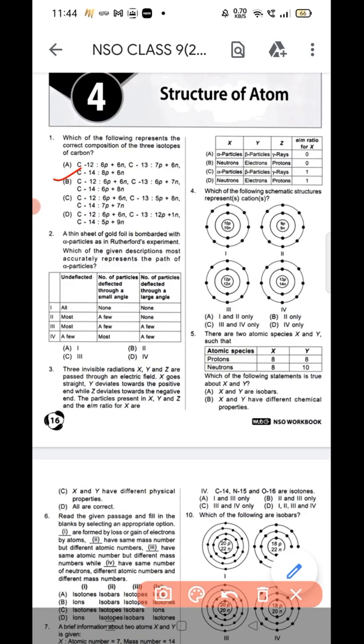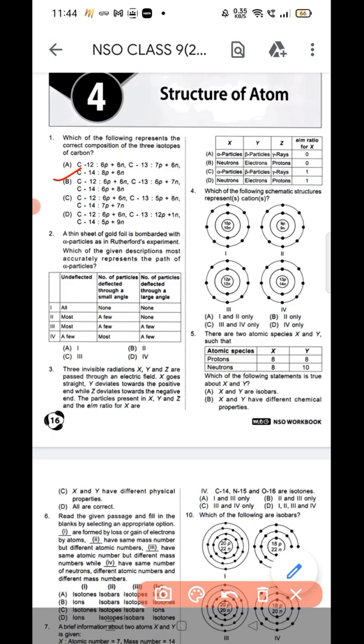A few alpha particles will be deflected by a small angle due to the presence of the nucleus, and the particles deflected through a large angle are those attracted to the nucleus, bombarding the nucleus. In the way they go to the nucleus, by that way they come back to their original position. So most, a few will be the answer.